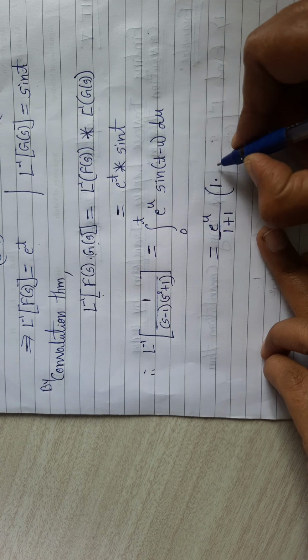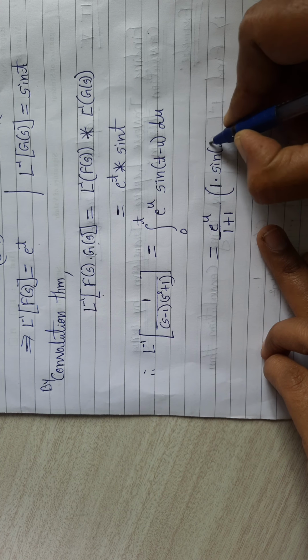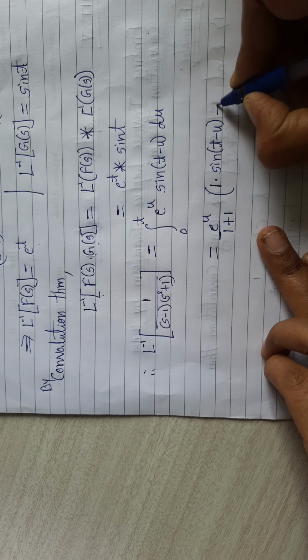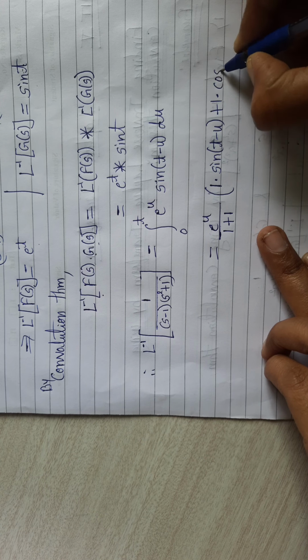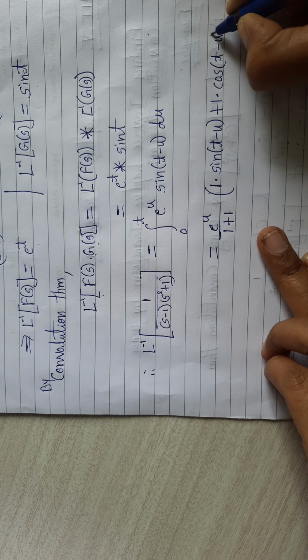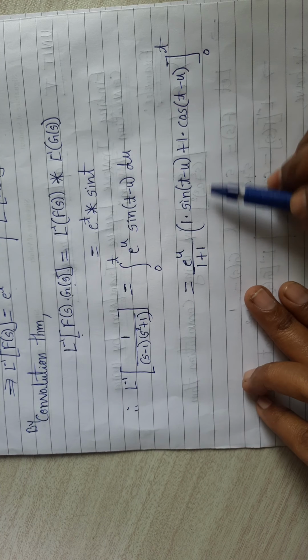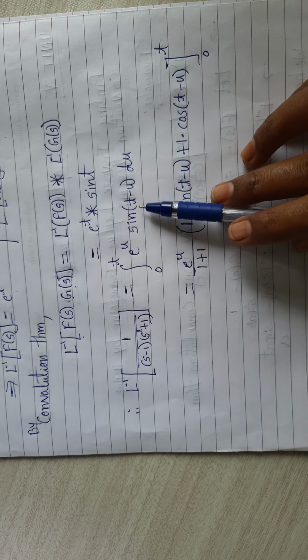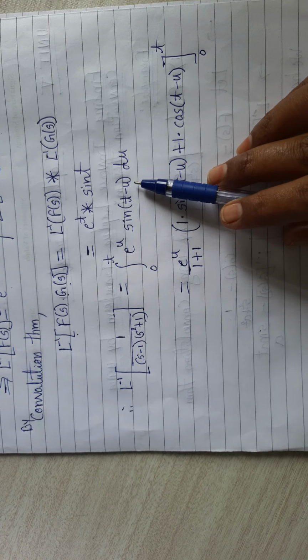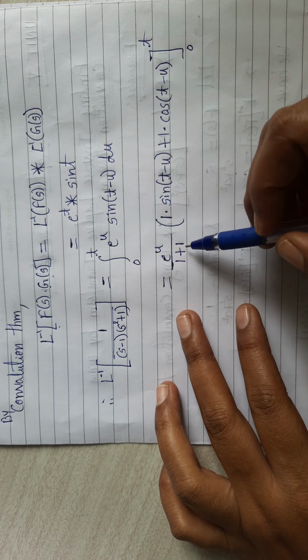So here we have 1 into sin of t minus u plus 1 into cos of t minus u. The limits are from 0 to t. This formula we already used, e to the power ax into sin of bx plus c, so that formula is applied for the integration.